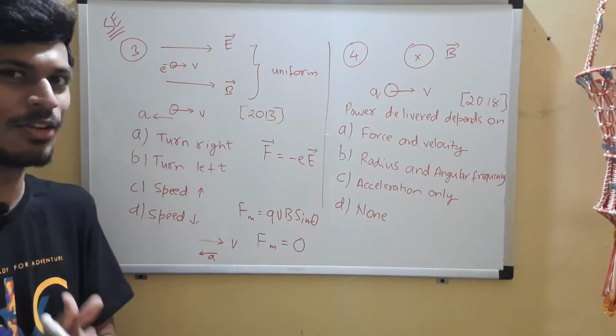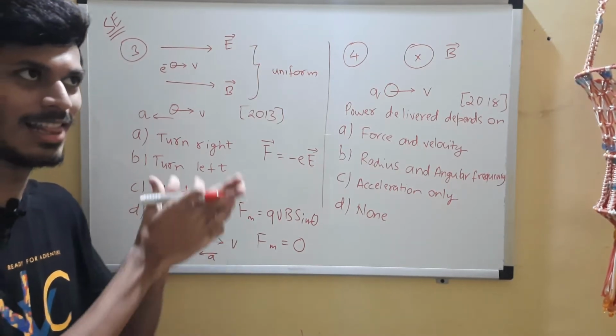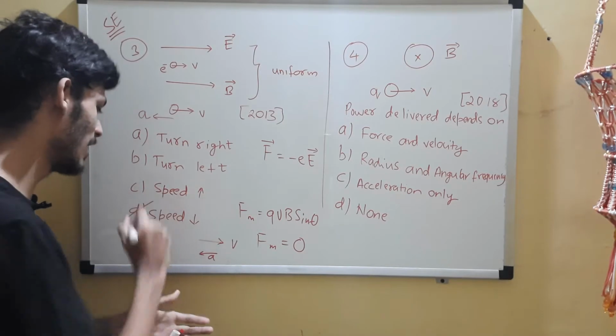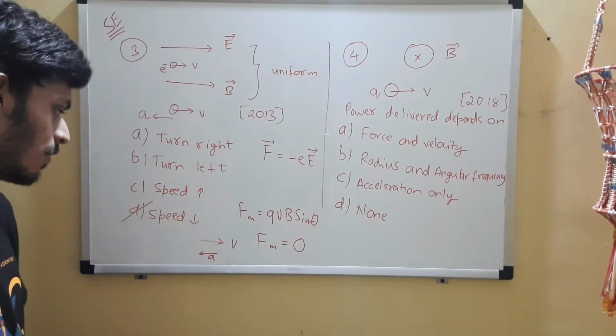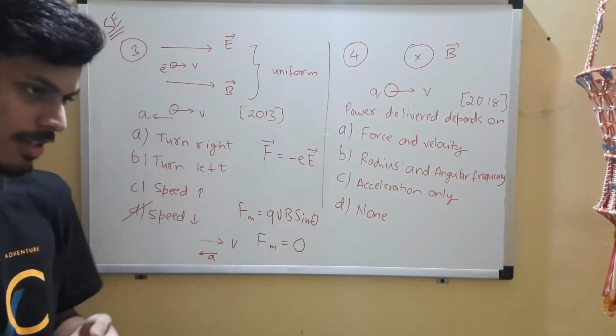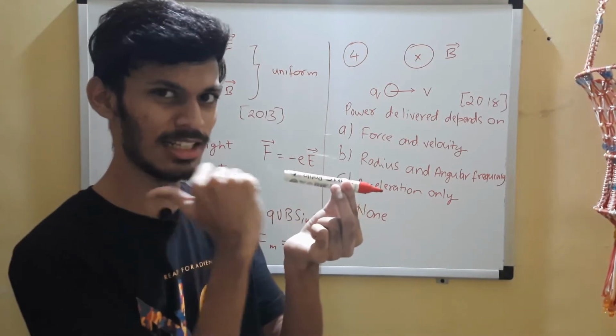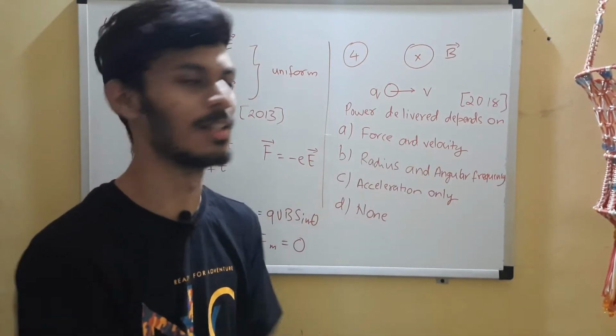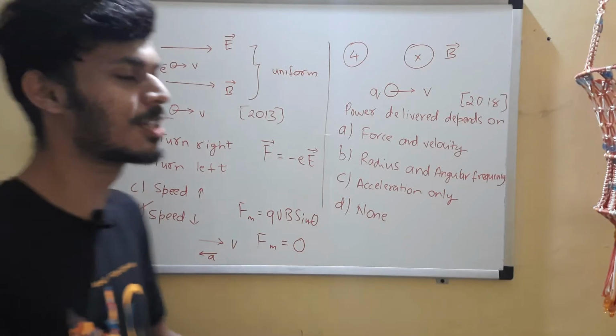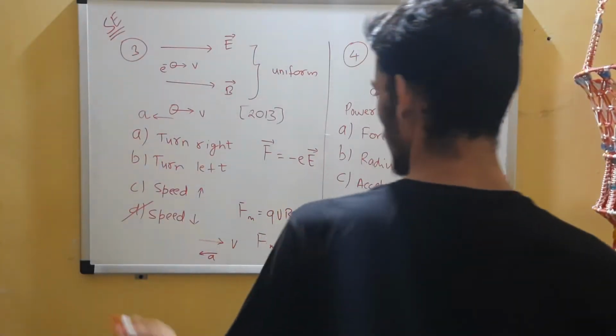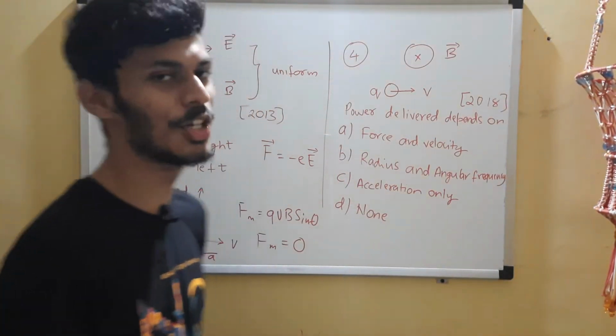The speed of that electron will decrease. The acceleration is opposing the motion, so the speed will go on decreasing. So option D, speed will decrease, is the correct choice over here.